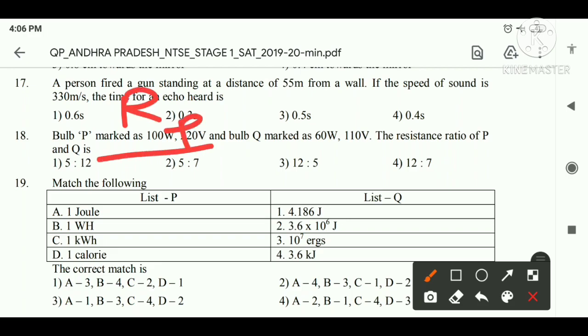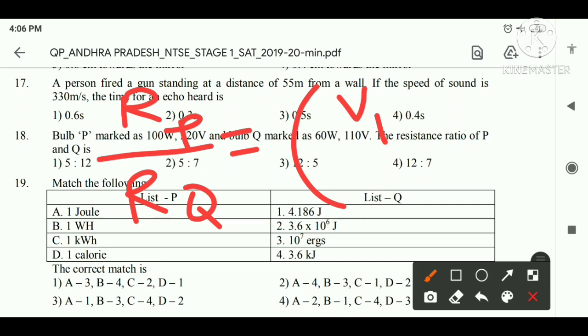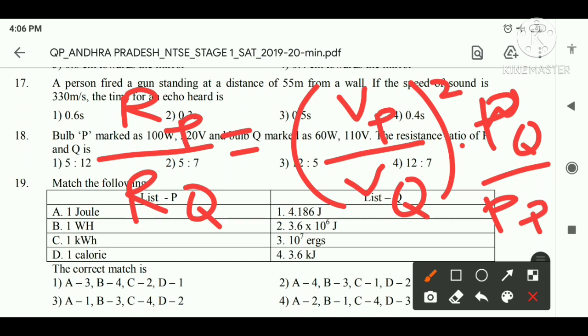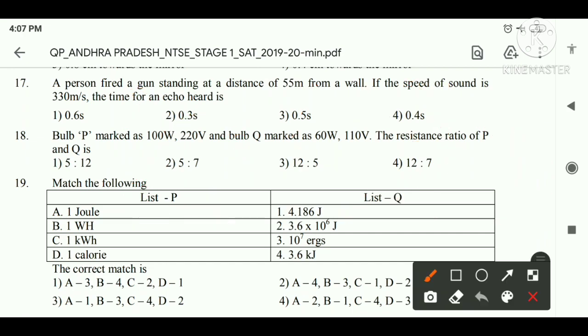Resistance of P divided by resistance of Q is equal to, in bracket, voltage of P divided by voltage of Q whole square, into power of Q divided by power of P. So put the values in this.